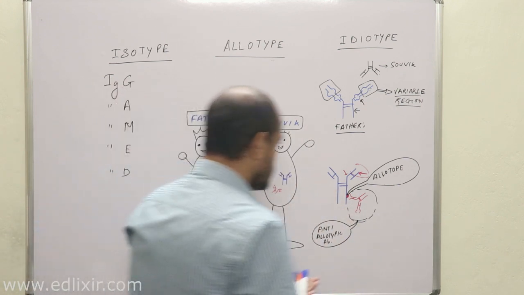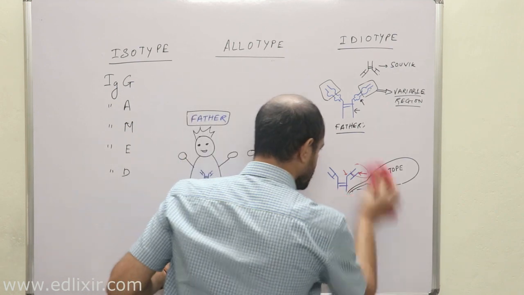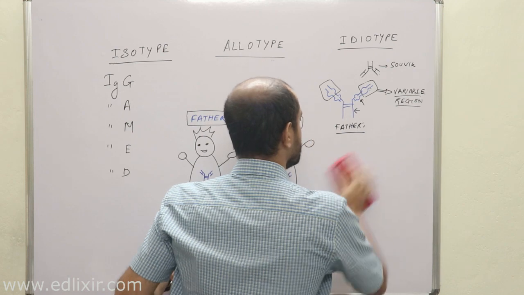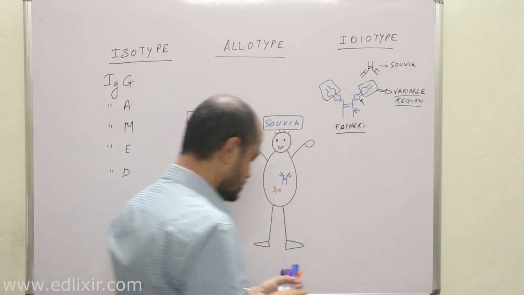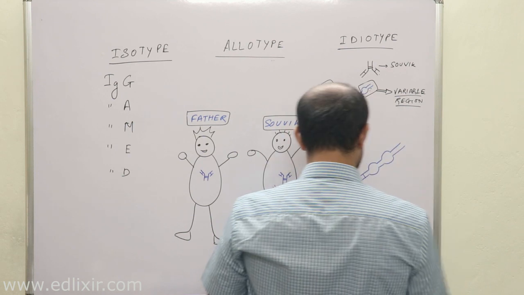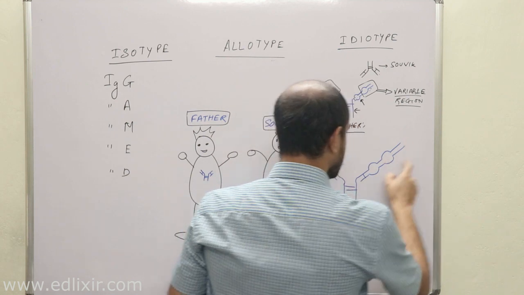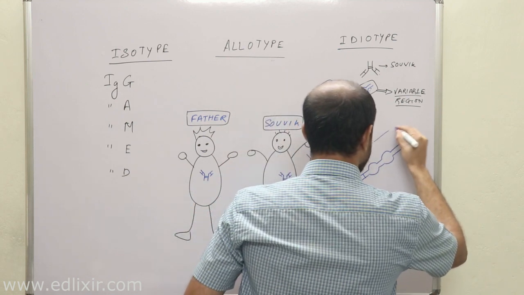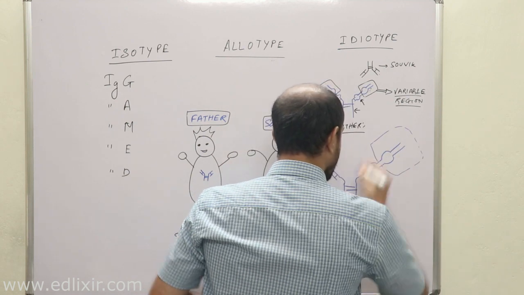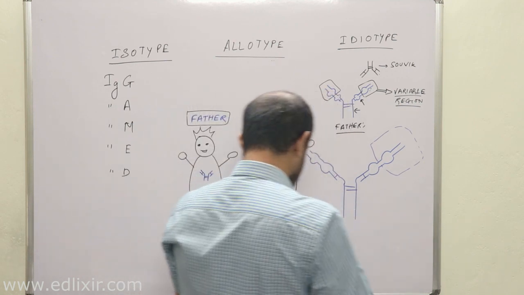So if I draw it again, suppose this is my father's antibody. This is our variable region. And suppose this is my antibody.